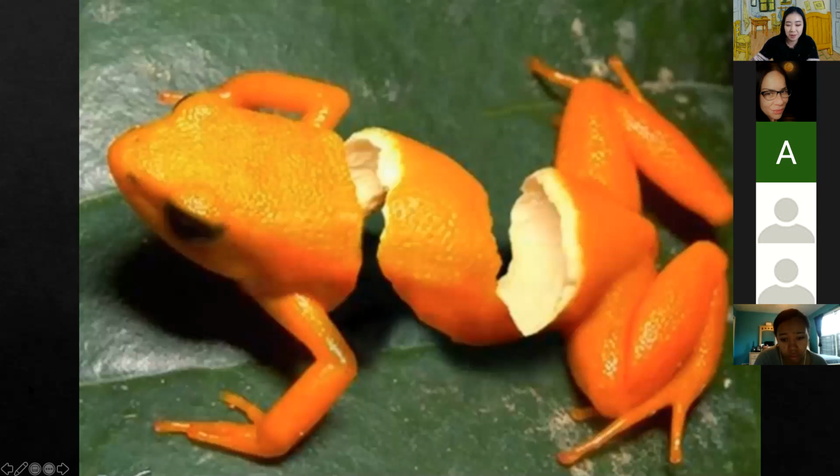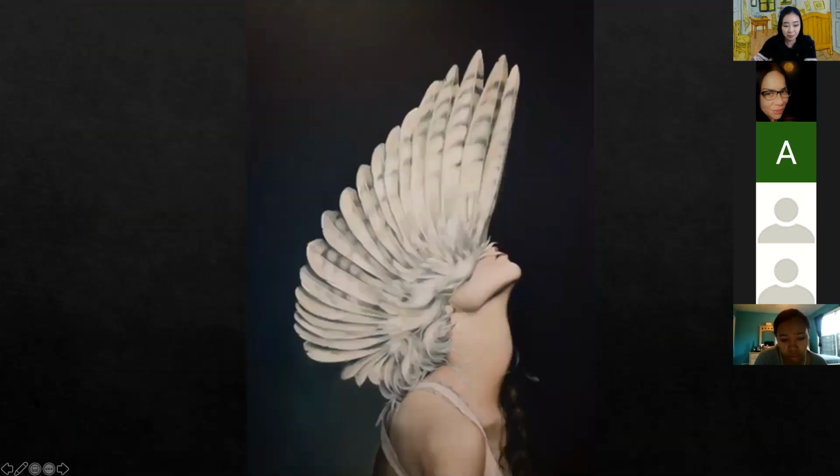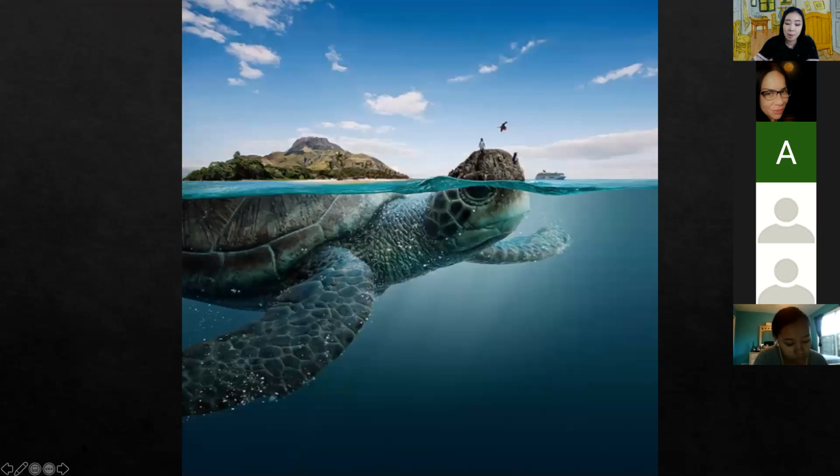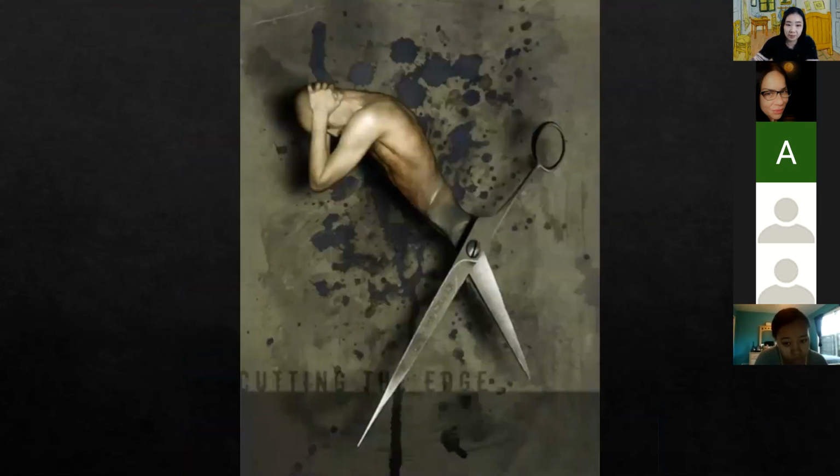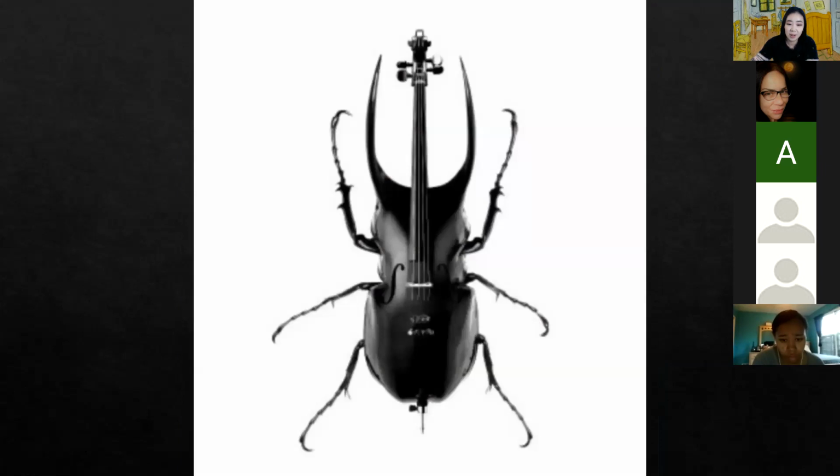And morphing with a frog and orange. It's morphing with a human and a bird wing. Morphing with a turtle and island. Morphing with a figure and scissors. Oh, I love this. Morphing with a beetle and, looks like a cello, right?